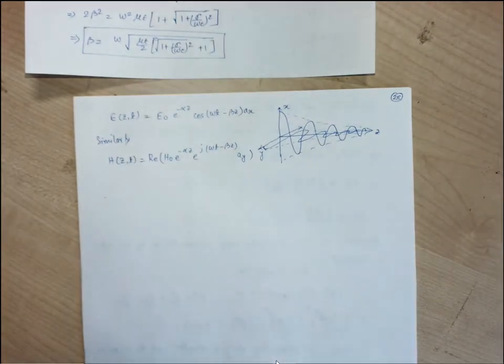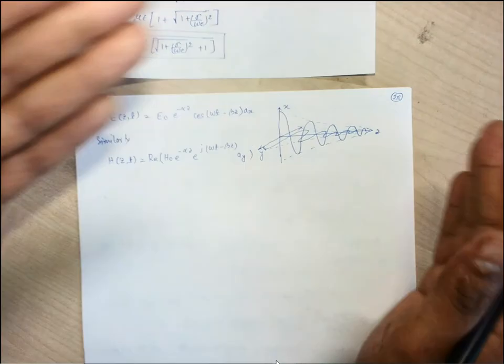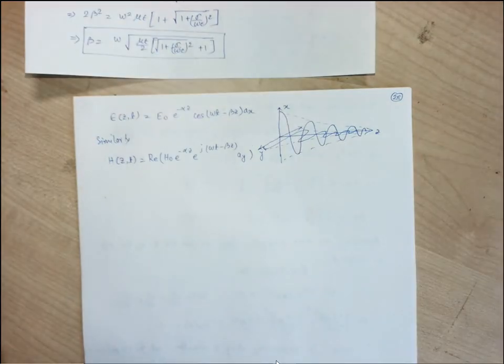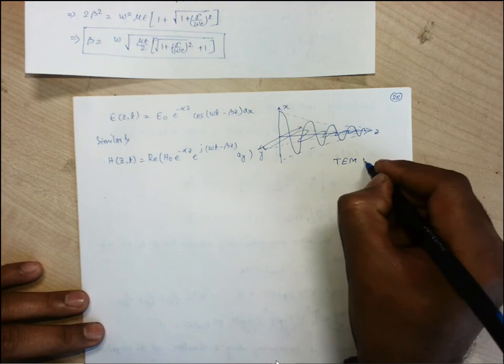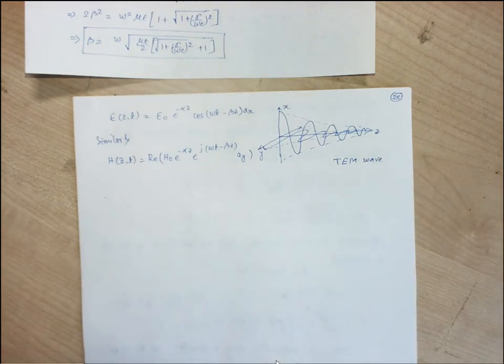So in this way, if we consider a plane on this origin, on this plane the electric field and magnetic field, both of them are transverse or lying on that plane. So this kind of wave where electric field and magnetic field both are orthogonal to each other and lying on a plane which is known as transverse plane, this kind of waves are known as transverse electromagnetic wave, TEM wave.